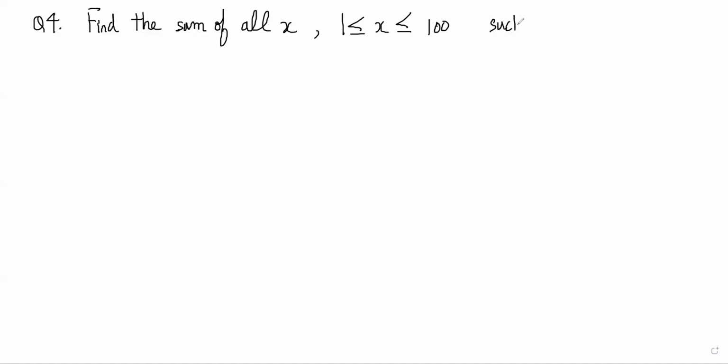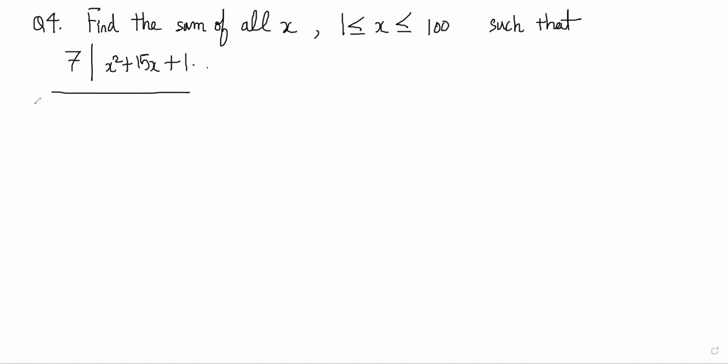Question 4. Find the sum of all x where 1 is less than x is less than or equal to 100, such that 7 divides x square plus 15x plus 1.